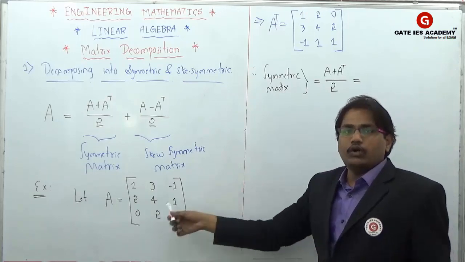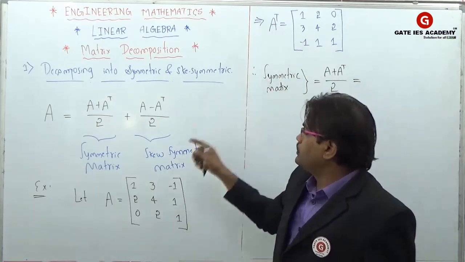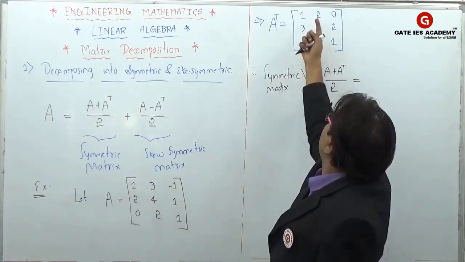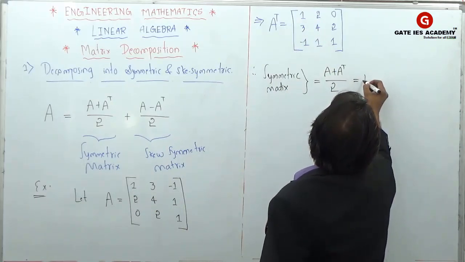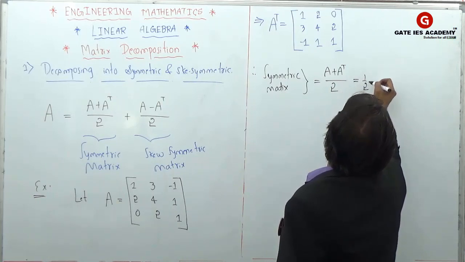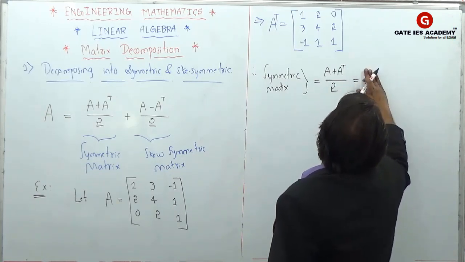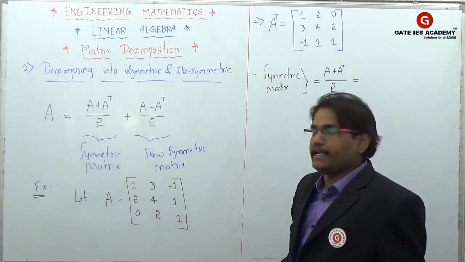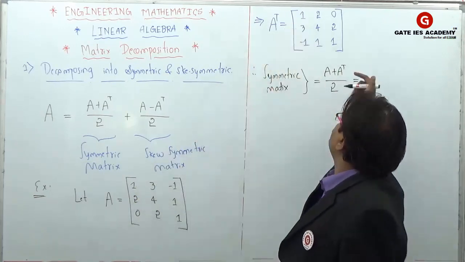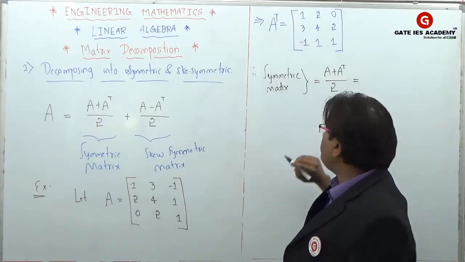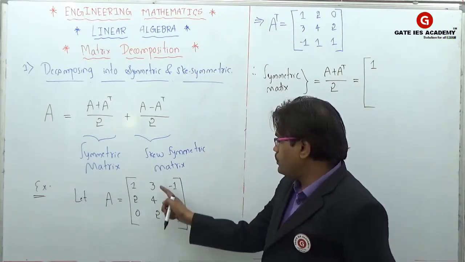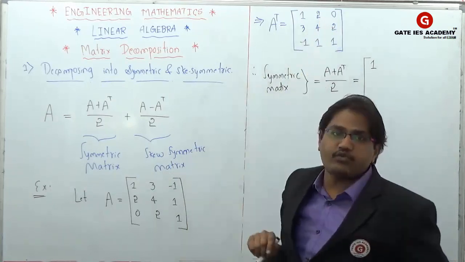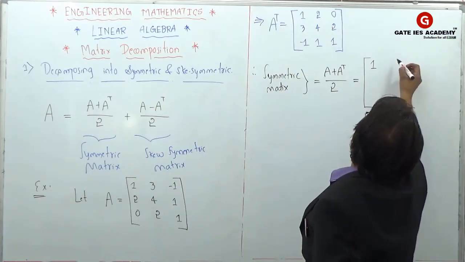So add these two and divide by 2. 1 plus 1 is 2, divided by 2 is 1. 3 plus 2 is 5, so 5 by 2.